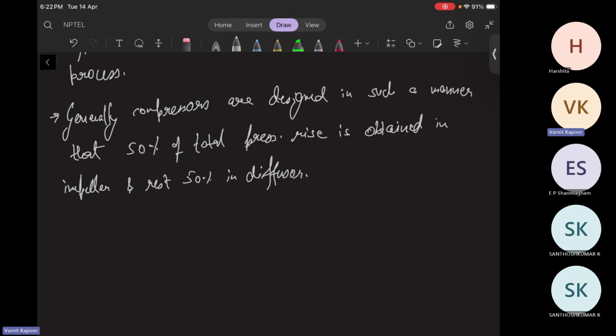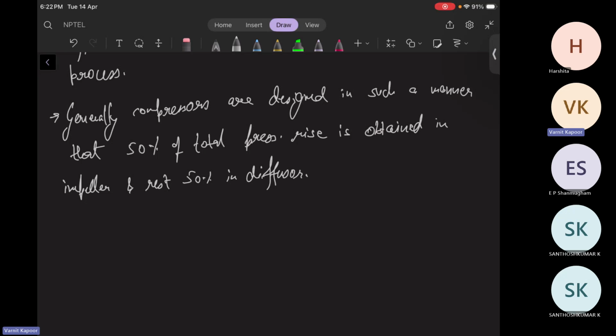Now you may have another question: why 50% rise, and why not the whole rise directly in the impeller itself? Why do we need an extra diffuser casing for the increase in pressure? You can do that. You can have an impeller without a diffuser. But because of such high velocity and high pressure increase, if you want 100% pressure increase inside the impeller itself, what will happen?